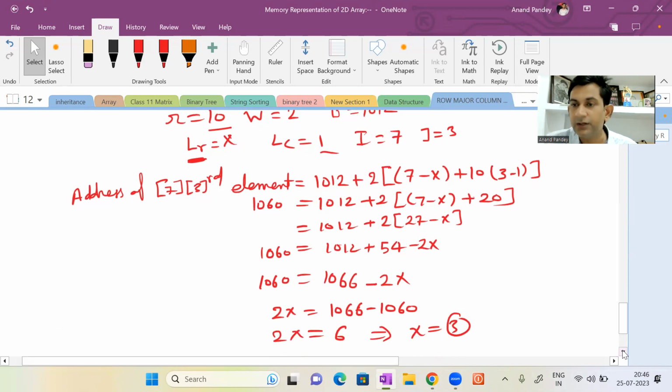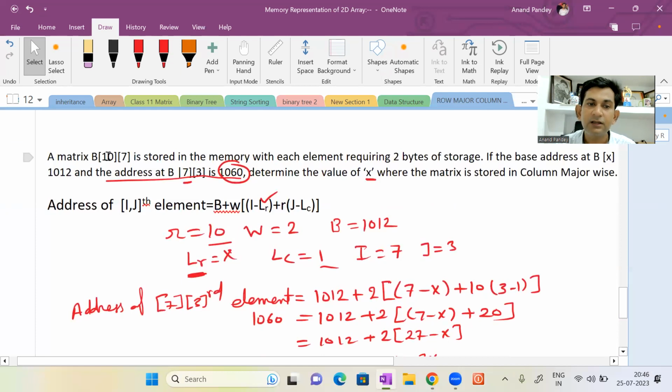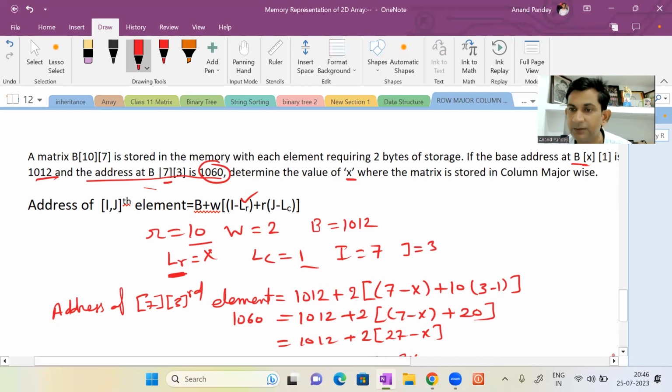Here, what is important is that the array is not given in LR, UR, LC, UC form. So two things we have to take care of. First thing, the dimensions are given. This is number of rows, this is number of columns. And second thing, the base address will be given, and it will also be given that the base address is of which element. Here the base address is of which element? Bx1.